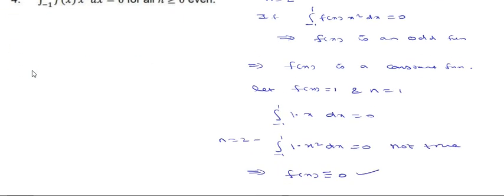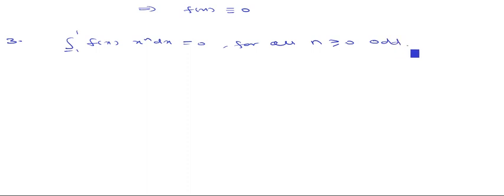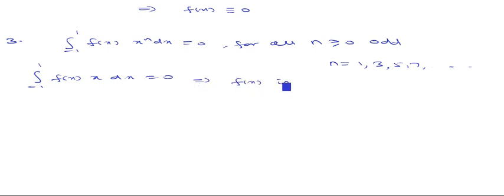Now we will check options 3 and 4. Option 3 is integral from -1 to 1 of f(x) x^n dx equal to 0 for all odd n, that means n equals 1, 3, 5, 7, etc. For n equal to 1, we get integral of f(x) x dx equal to 0, so f(x) is an even function.